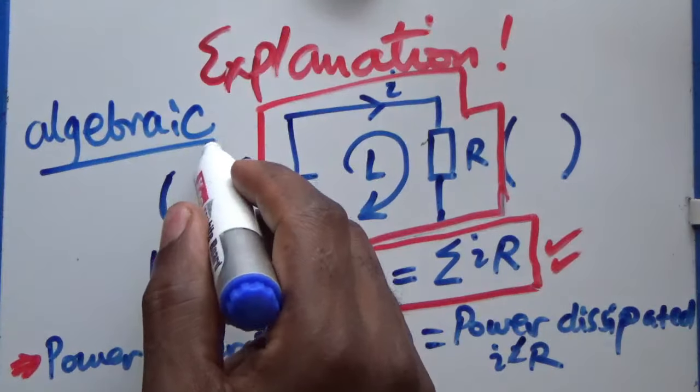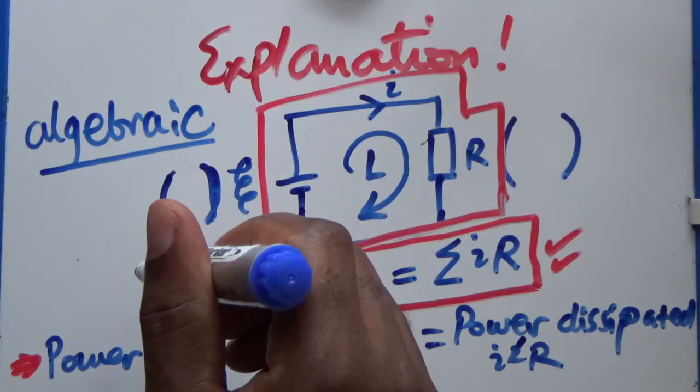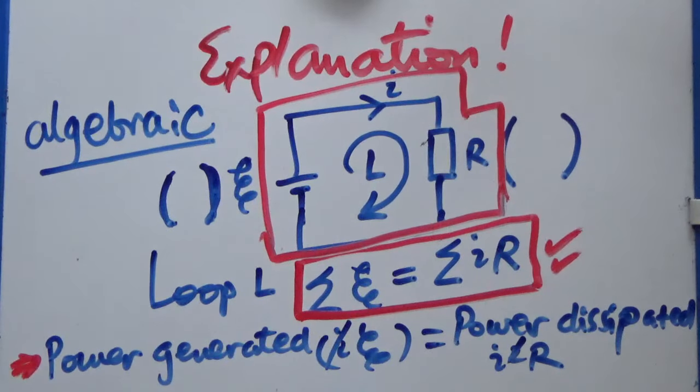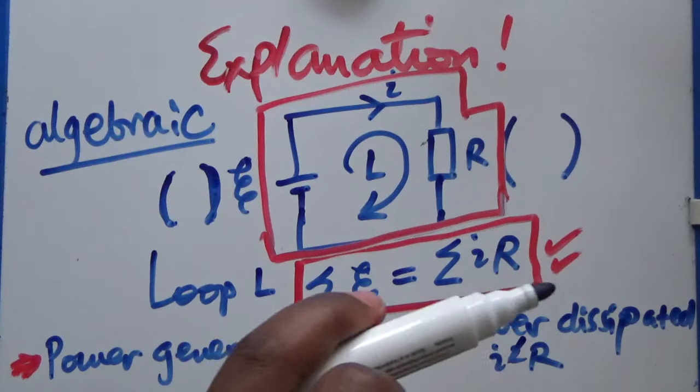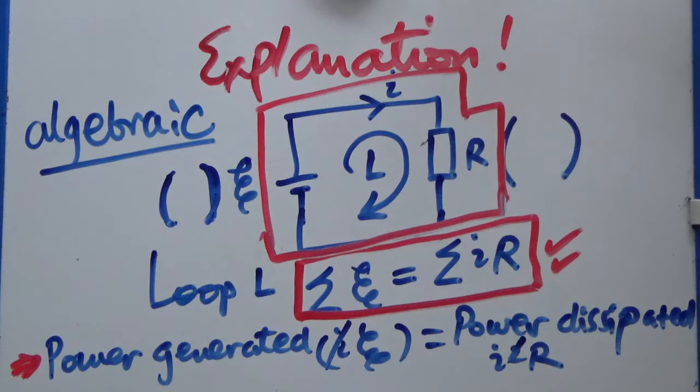For currents, algebraic means that whatever is entering the node is positive, and whatever is leaving the node is negative.